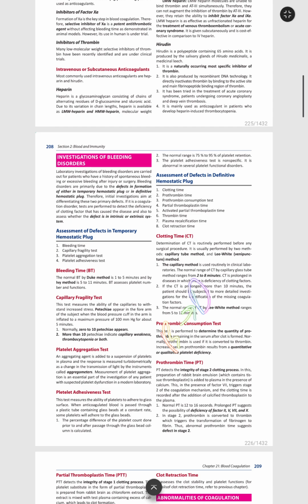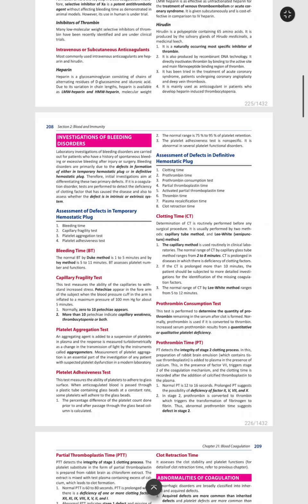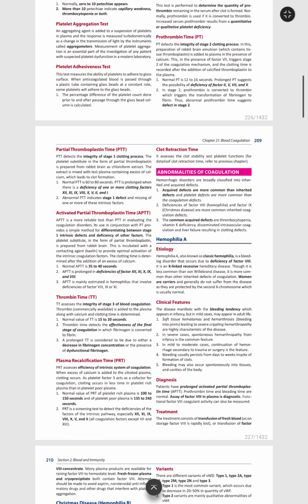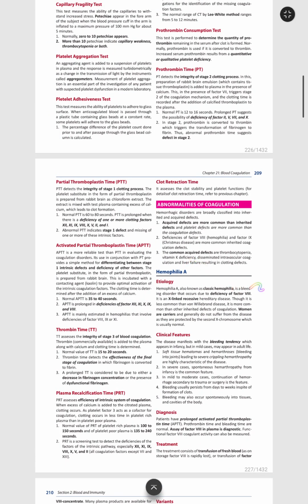Bleeding time can be done by Duke method and Ivy method. Duke method is 1 to 5 minutes. Ivy method is 5 to 11 minutes. Yes, you should remember that. Hemophilia A is due to factor 8.